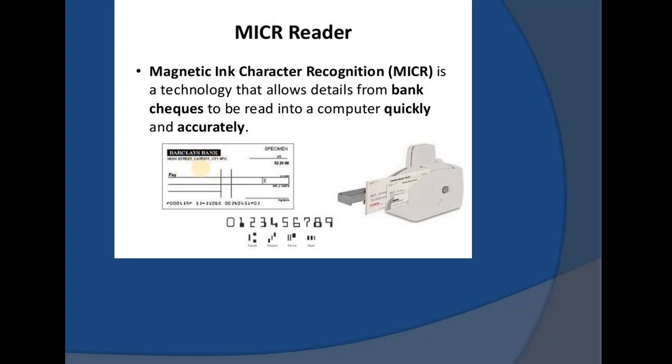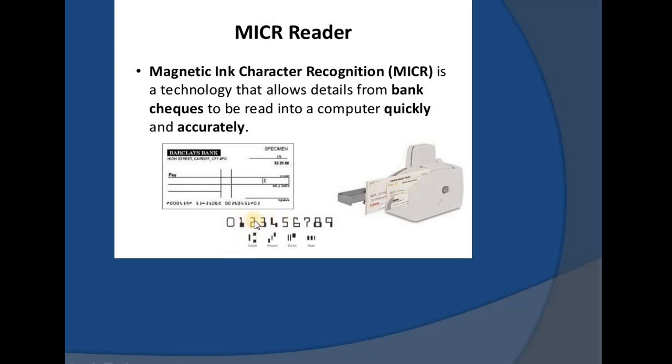When a customer produces this check in the bank, the bank employee collects it, enters the amount and the account number, and then the check is transferred to this MICR machine. The moment he places the check into the MICR machine, all these details, or these numbers that you can see here, will be automatically read by the MICR.